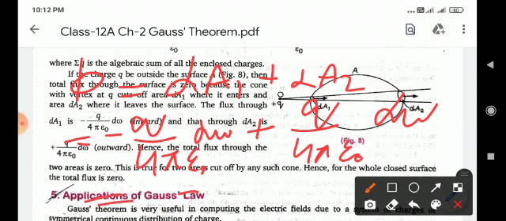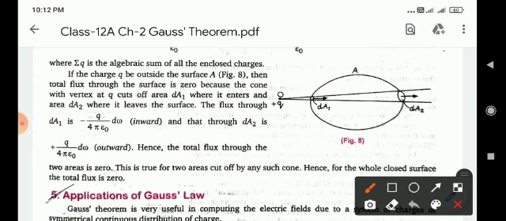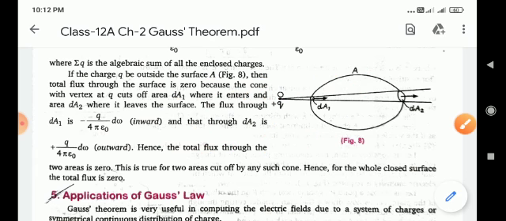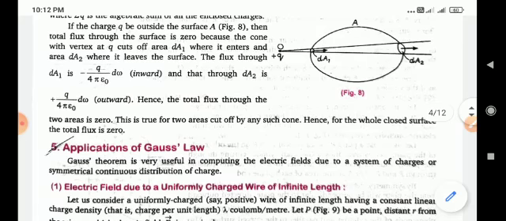Minus plus is equal to 0. Just for example, minus 2 plus 2 equals 0. Minus 3 plus 3 equals 0. This is true for two areas cut off by any such cone. Hence, for the whole closed surface, the total flux is 0.